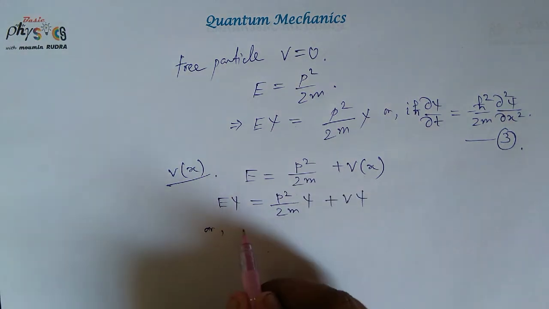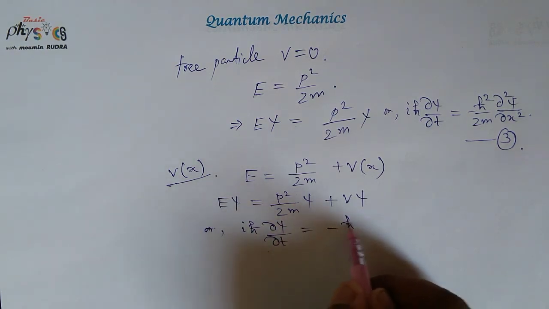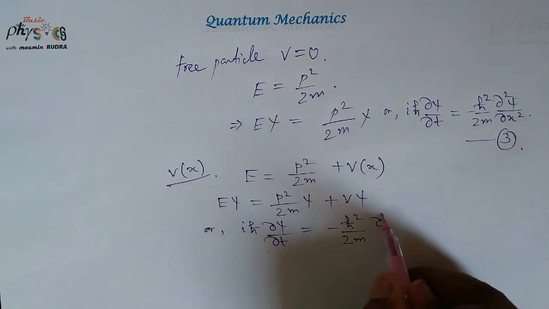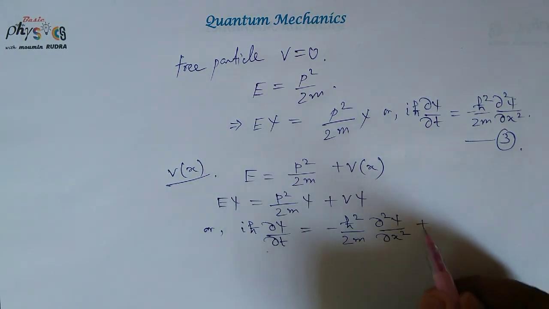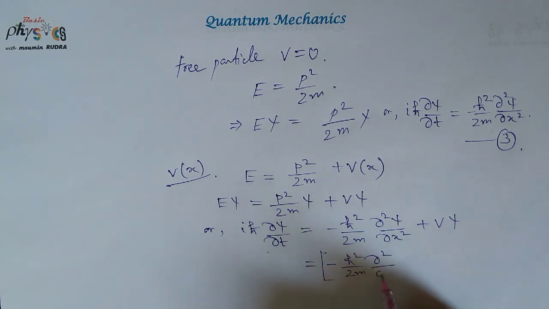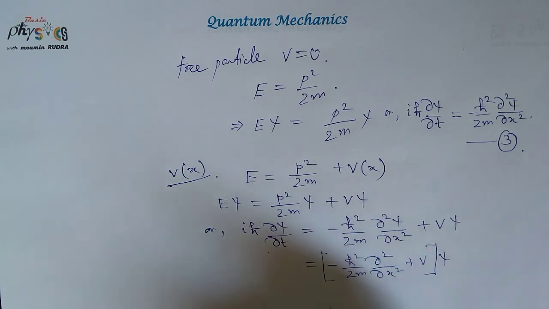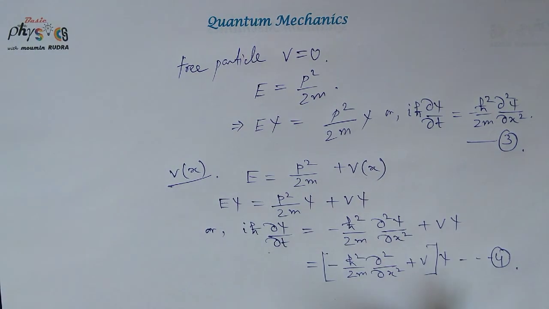So i h bar del psi del t equals minus h bar square by 2m del 2 psi del x2 plus V of x psi. This is equation number 4, the time-dependent one-dimensional Schrödinger equation for a particle moving under the action of a conservative force field V of x.